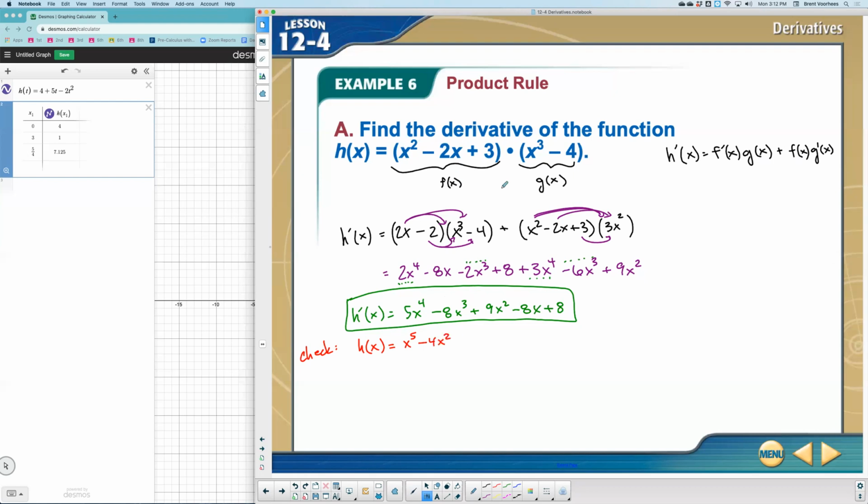And now I distribute this portion, minus 2x to the 4th plus 8x, and then positive 3x cubed minus 12.